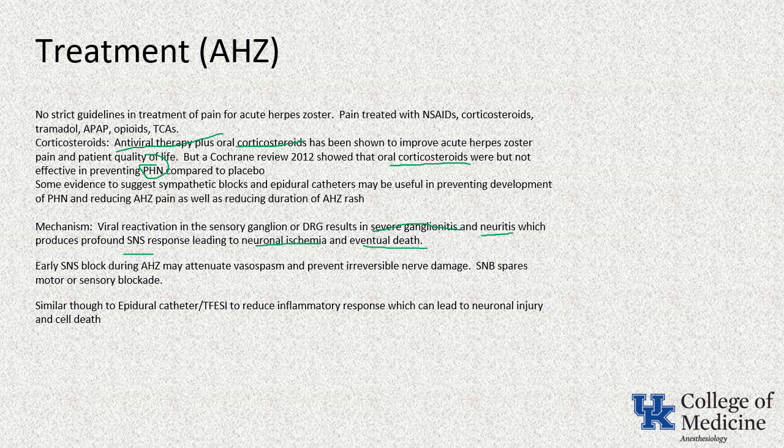And by blocking the sympathetic ganglia early on, you may be attenuating this vasospasm and preventing irreversible damage. It's a similar mechanism with epidural local anesthetics or transforaminal epidural steroid injections to reduce the inflammatory response.